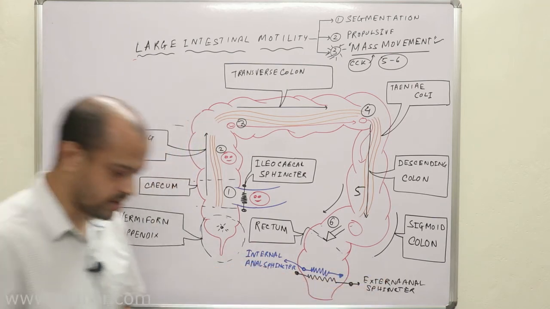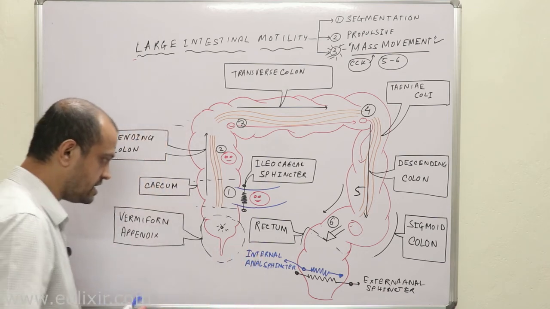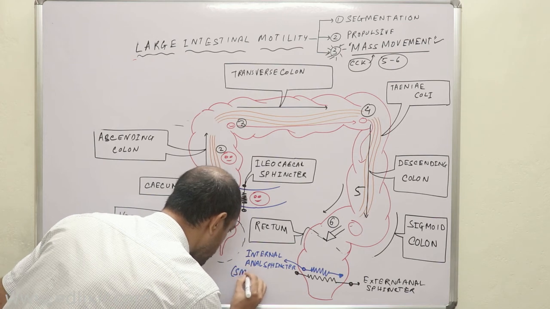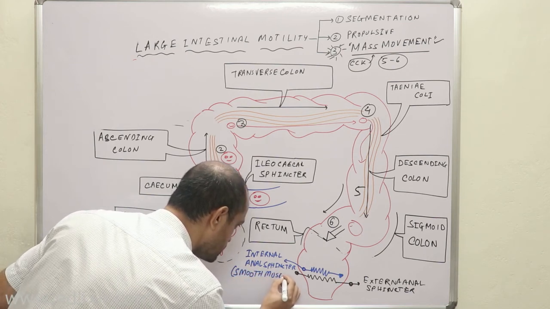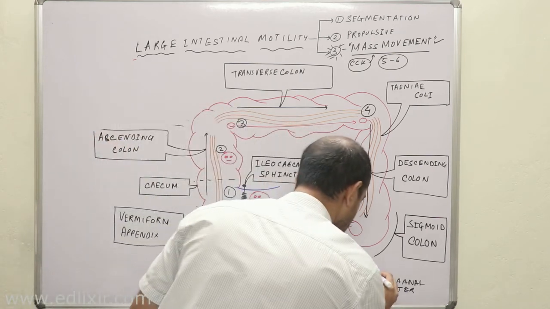Now a very important point you need to understand is this: the internal anal sphincter is made up of smooth muscle. Clear? But the external one is made up of skeletal muscle.